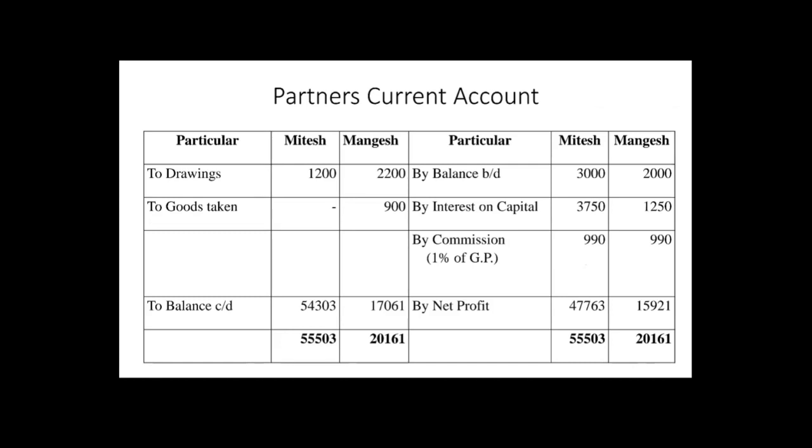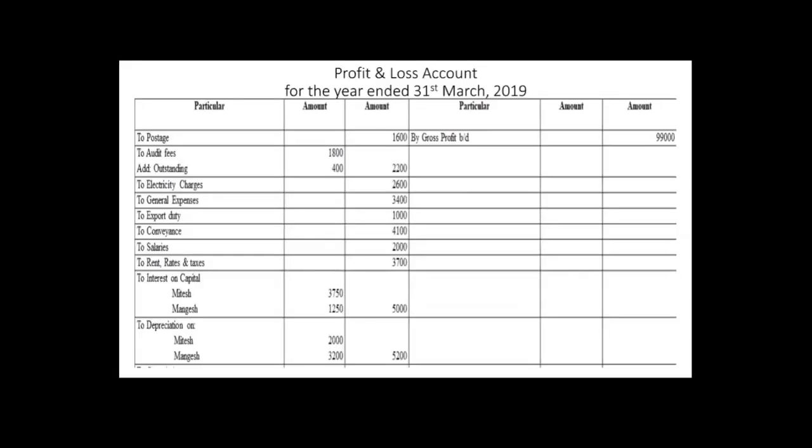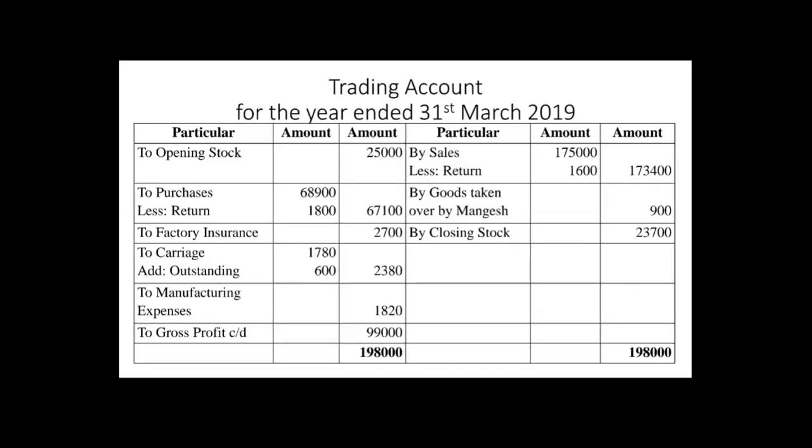If only carriage is there, then this carriage is on purchase, okay, and it will be recorded in trading account, whereas if carriage outward is there, that carriage is on the sale, selling and distribution, which is recorded in profit and loss account. So here only carriage is there, carriage inward or outward is not mentioned, so we will assume that this is carriage inward and we are going to record this in trading account. Okay, so if you will see over here in trading account we have recorded this To Carriage and the amount is given 1780 because on this the adjustment is there.